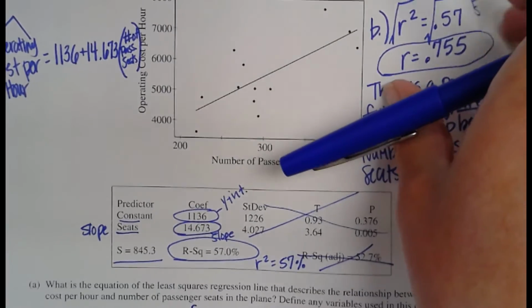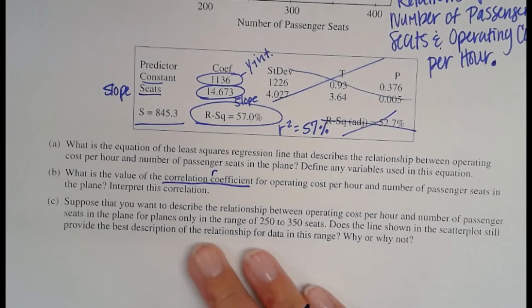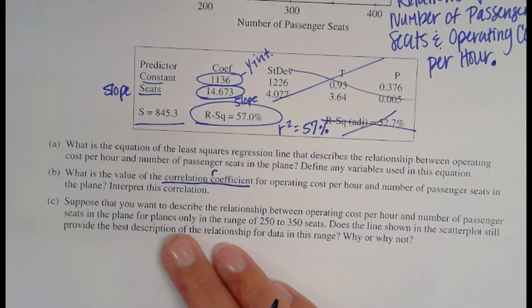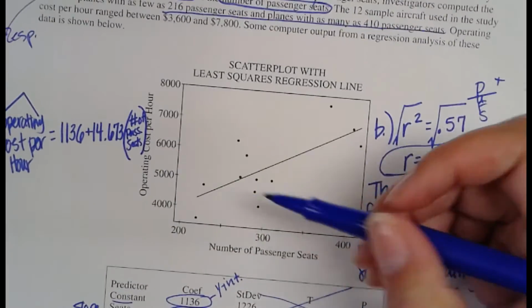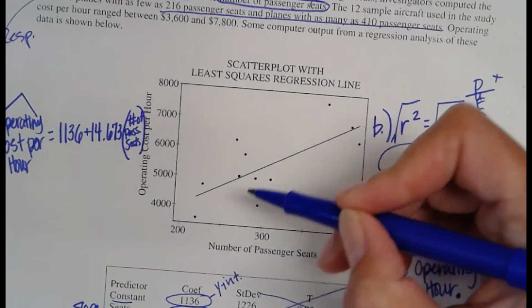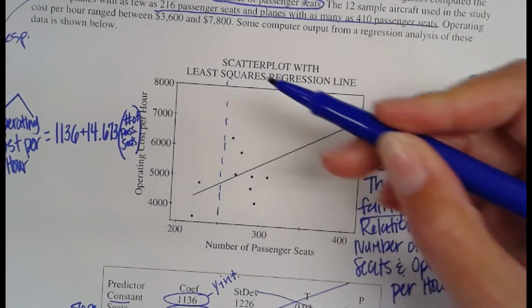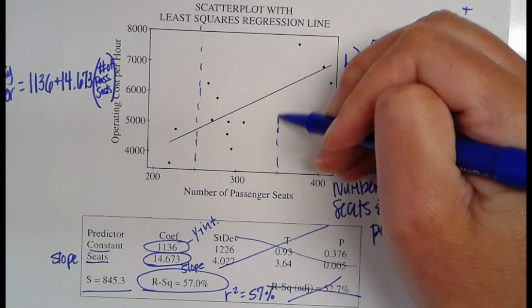So let's go to part C. Part C says, suppose you want to describe the relationship between operating cost per hour and number of passenger seats in the plane for planes only in the range of 250 to 350 seats. This is 200, this is 300, so this is 250, and we're talking about from here to 350, which is here.